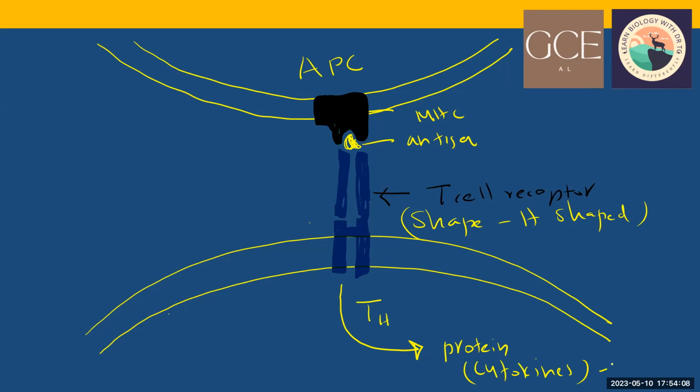And this cytokine goes out, and cytokine binds again to the T cell. After cytokine binds to the T cell, the final effect is mitosis of the T helper cell.